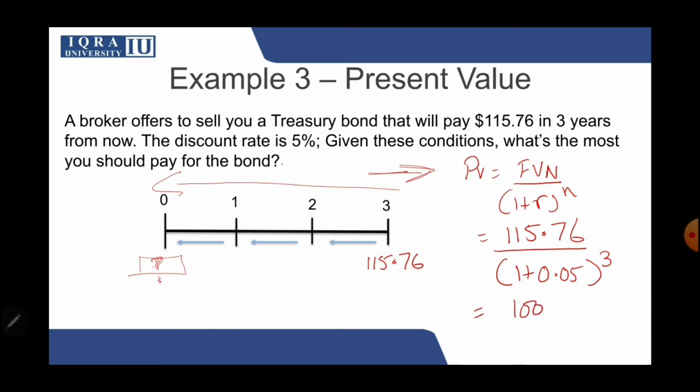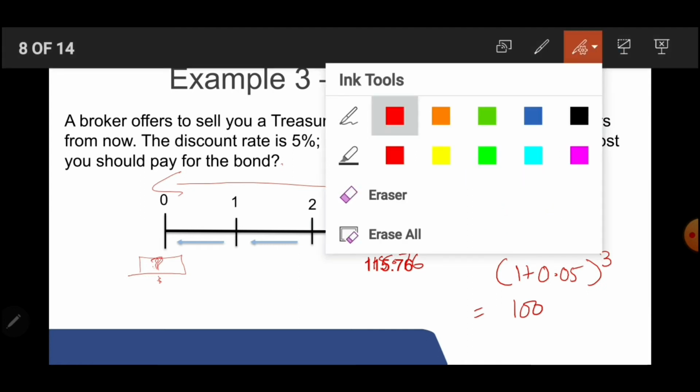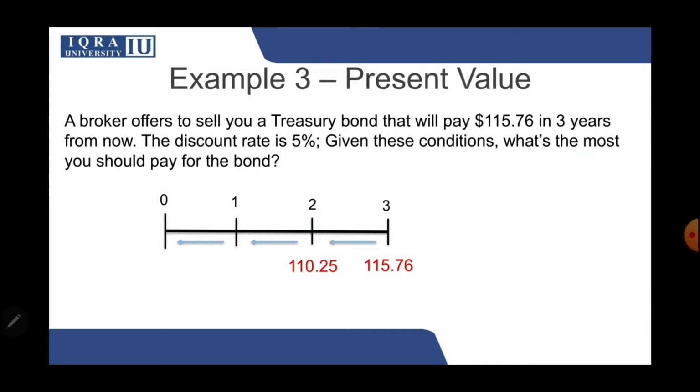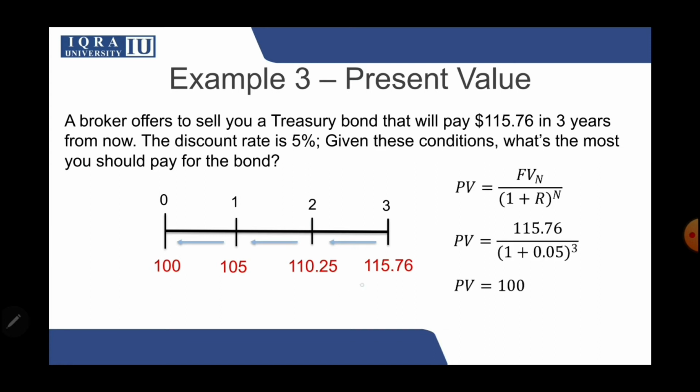So 100 is the present value. Basically, it is going backwards. This is a process of discounting. You're interested in this value.